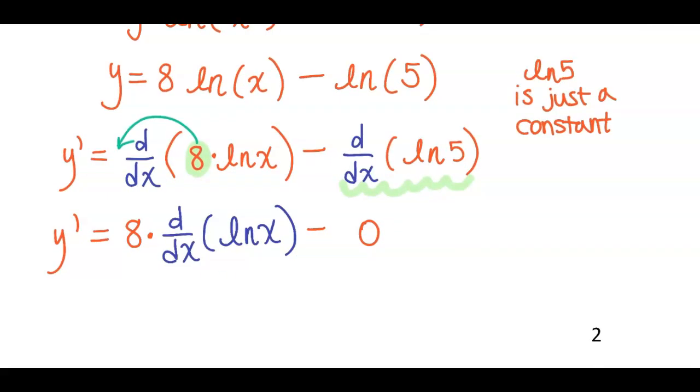Now let's finish this up. Y prime equals 8 times. Now by theorem 7, what is the derivative of natural log of x? That is just 1 over x. So your final answer is, if you just multiply 8 times 1 over x, it is going to be 8 over x.